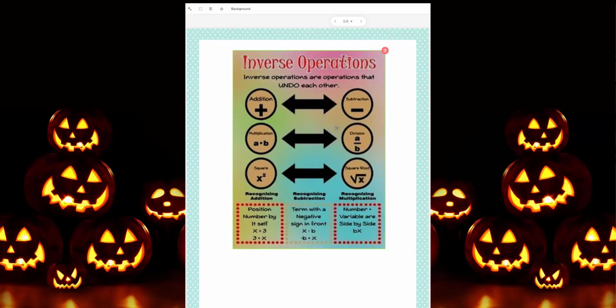Okay, and multiplication and division are also inverse operations, and they also cancel each other out. Okay, so we're going to keep that in mind moving forward. Addition and subtraction cancel each other out, and multiplication and division cancel each other out. We won't worry about this until a later date. Let's go ahead and move forward.